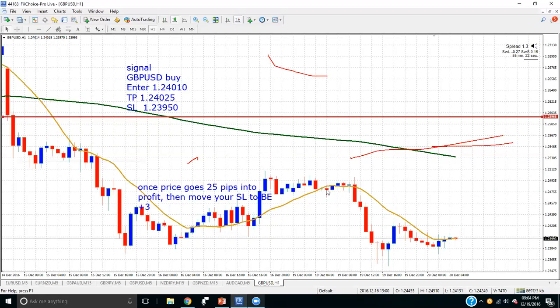You don't even have to have this goldenrod. You could get rid of it if you wanted to, because you could just get out when you see price changing. This goldenrod one is just a good indicator of when to get back in.